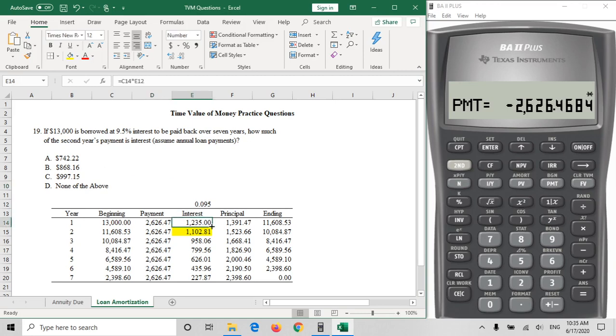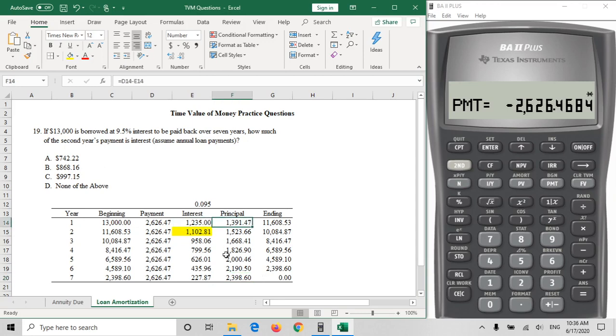So in year 1, you pay a lot of interest, right? And over to year 7, you only pay 227, right? You will see the difference between these two. What about your principal? In year 1, you only pay a small proportion of your payment. However, over to year 7, you will pay a lot more, right?